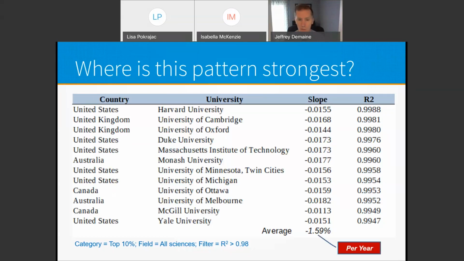And we can tell that these universities are very focused on increasing their collaborations from year to year because the level of R squared is so high. I don't know if the football team is going to win the championship next year, but I guarantee you that they're going to collaborate a little bit more, 1.6% more. All right, so that's the quantitative trend that I've identified.